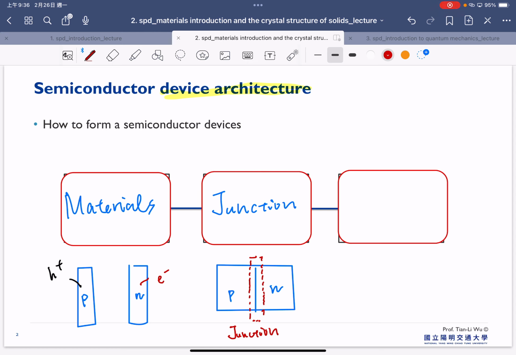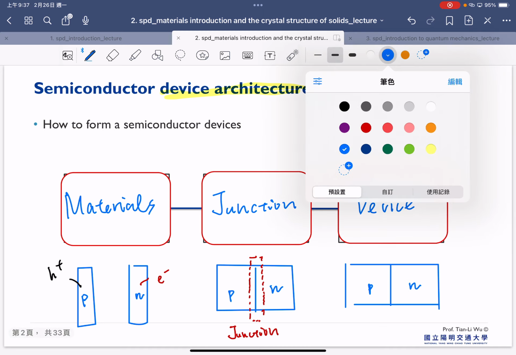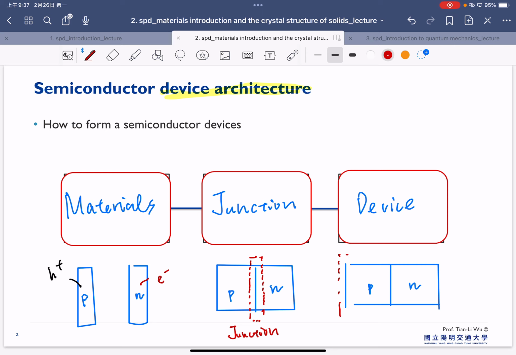And the last one, for sure, is the device. If we look at the simple PN diode, the overall consideration for P and N is already a device.